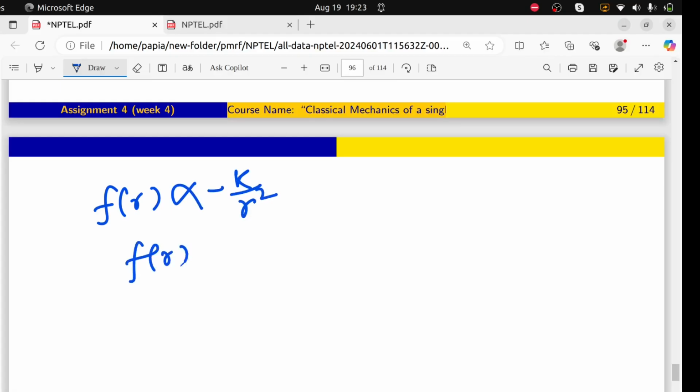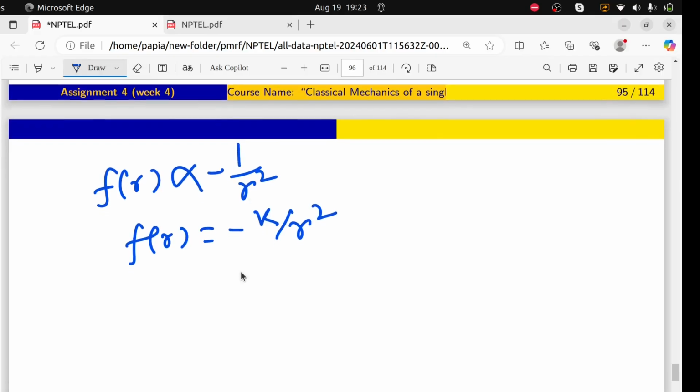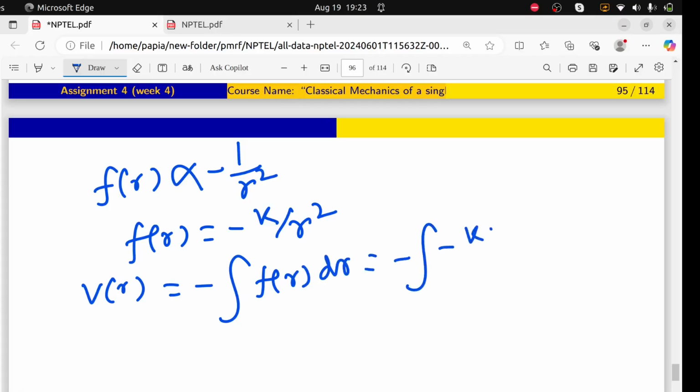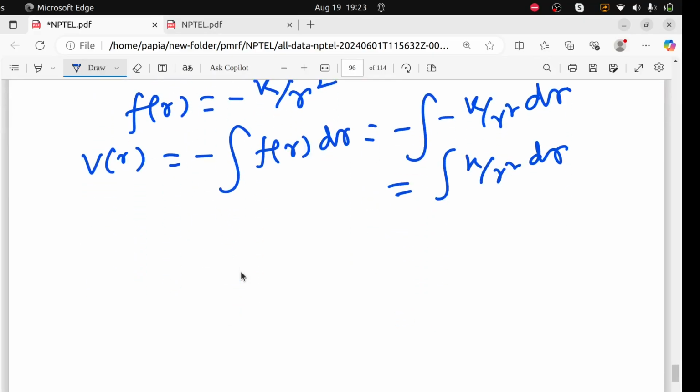So F of r is equal to minus k by r square. I can write it like that. So quickly I can write what V of r is. V of r will be minus the integral of F dr, minus k by r square dr. So it is k by r square dr. This will give me minus k by r.